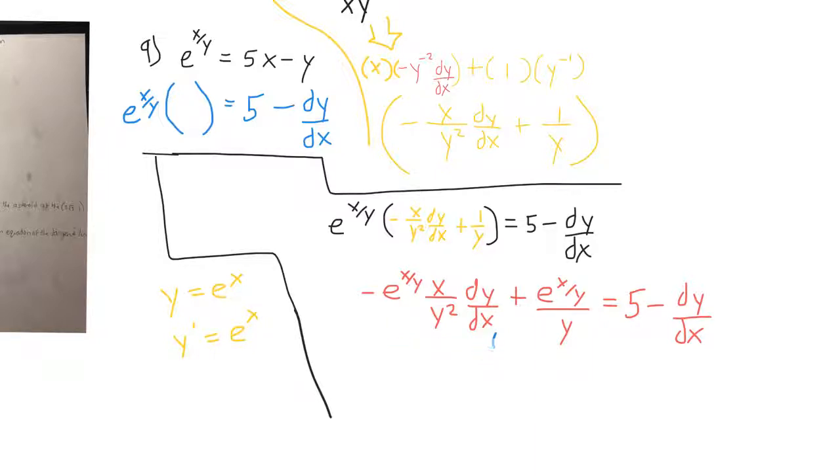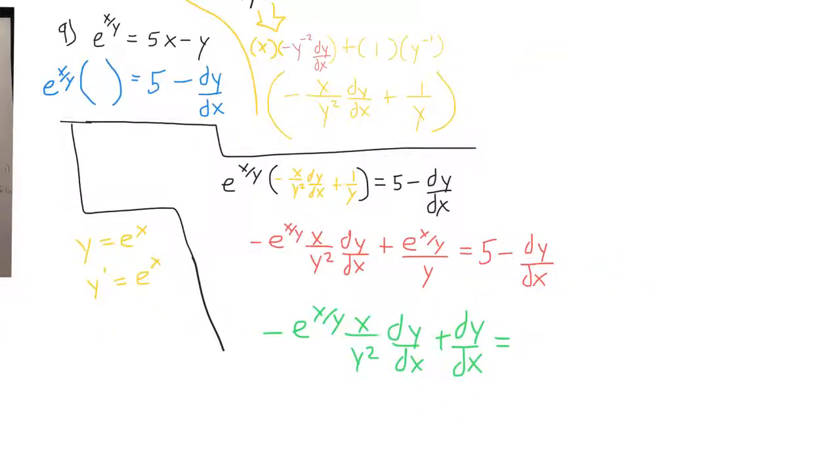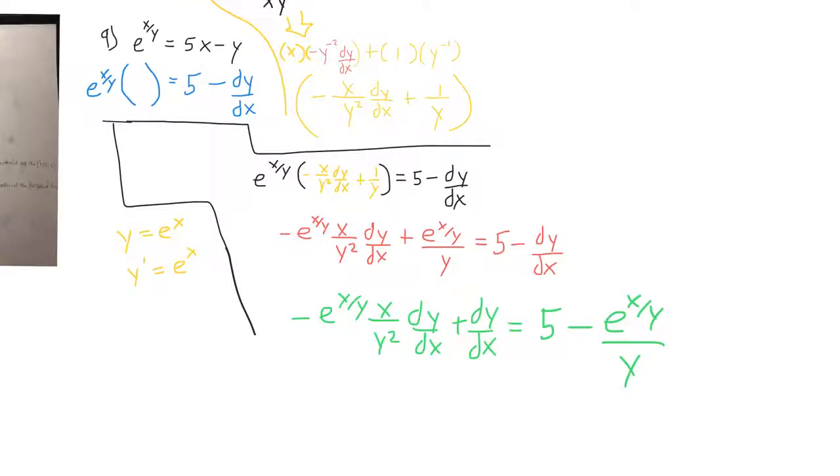In doing so, we end up with negative e to the x over y times x over y squared times dy over dx plus dy over dx equals 5 minus e to the x over y all over y.